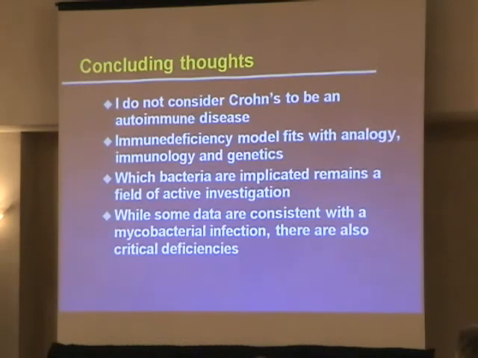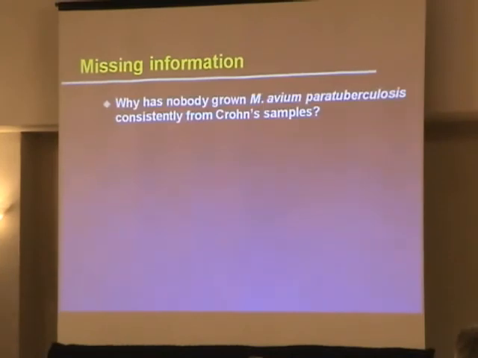And just when you've got a model that really works, you say, well, there's some really interesting data about mycobacteria, but there's also some real holes in the mycobacterial theory. You could talk to your gastroenterologist and say, oh, it's Crohn's mycobacterial infection. They say, no, wait. You say, why? Well, because there's missing information. I told you that people have found DNA from mycobacteria and looked under the microscope and seen them, but very few people have grown this organism out of Crohn's biopsies.